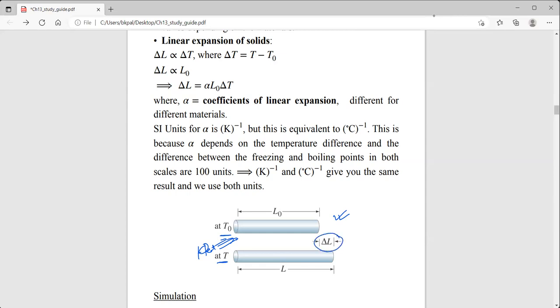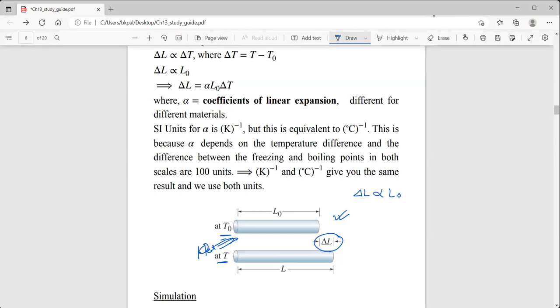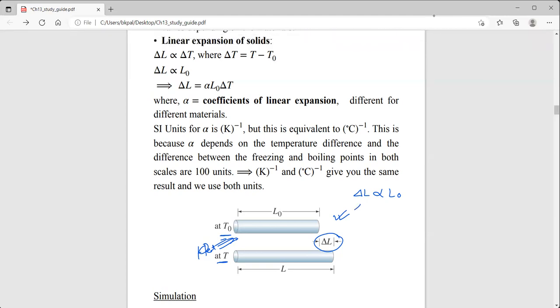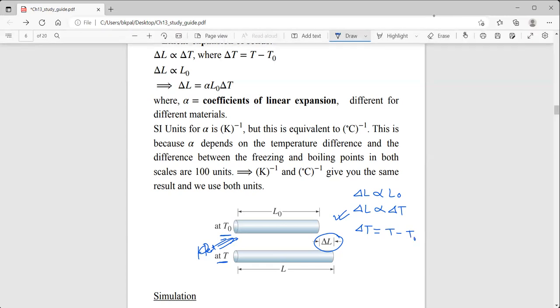Experimentally we found that this delta L is proportional to the initial length. The higher the initial length, the higher the expansion; the lower the initial length, the lower the expansion. We also see that it depends on the temperature difference. Delta T is equal to T, the final temperature, minus the initial temperature.